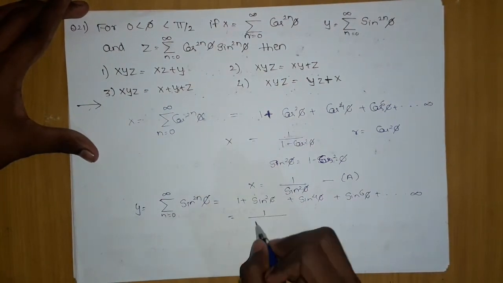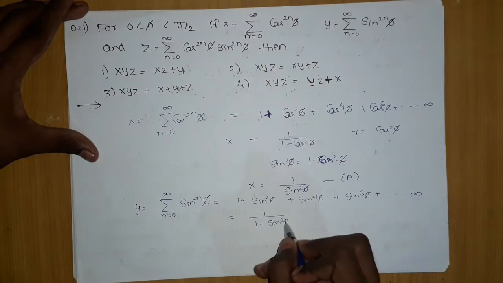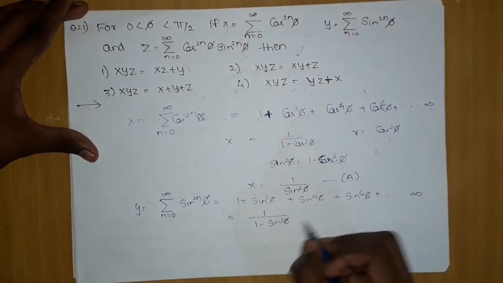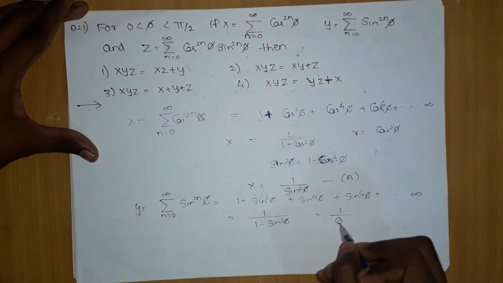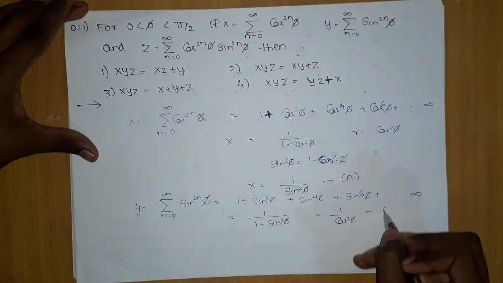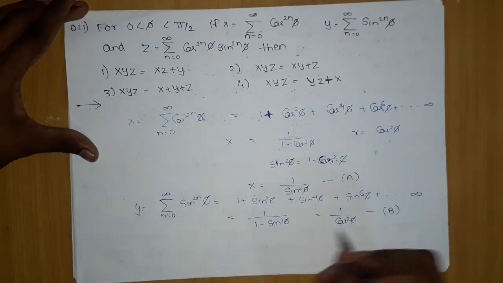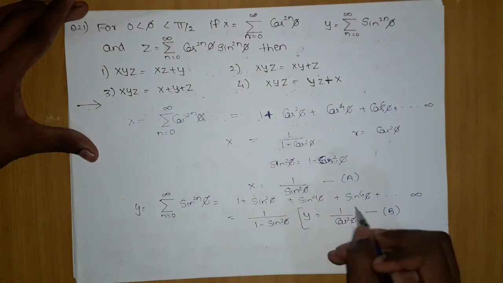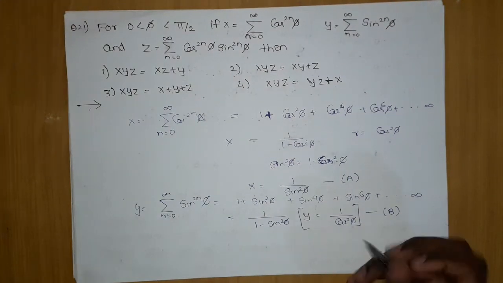The sum of the infinite terms is 1 upon 1 minus sin square phi. Here I can again use this formula and get 1 upon cos square phi. I will call it b. So my second equation is y is equal to 1 upon cos square phi. I got two equations. Now let me take the next page.